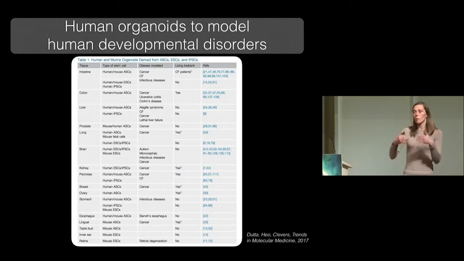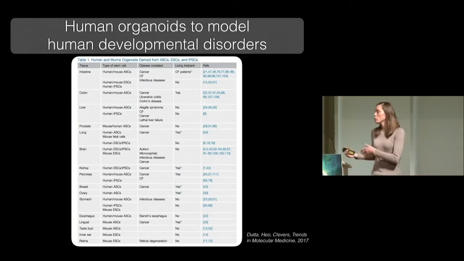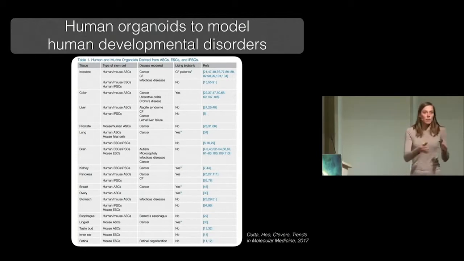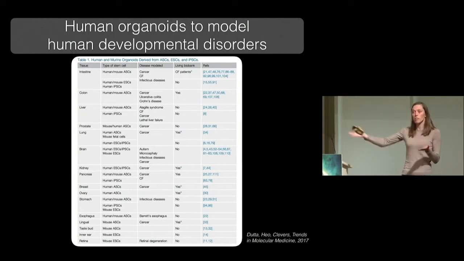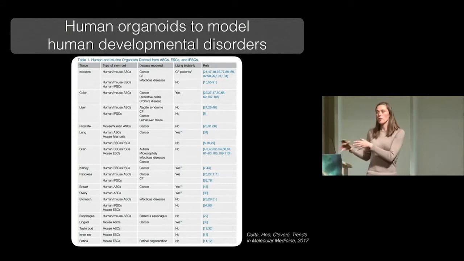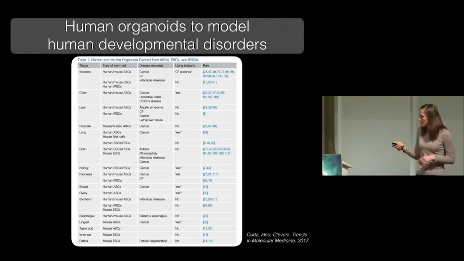So these are from adult stem cells that you derive organoids, whereas we are focusing a lot on these iPS or ESC-derived organoids that really start from pluripotent cells, and in this case, model disease as you grow the tissue. Whereas, as Priska showed, if you start from adult stem cells, you might rather go through a regenerative procedure to make a tissue and then really mimic the maintenance of an adult organ.